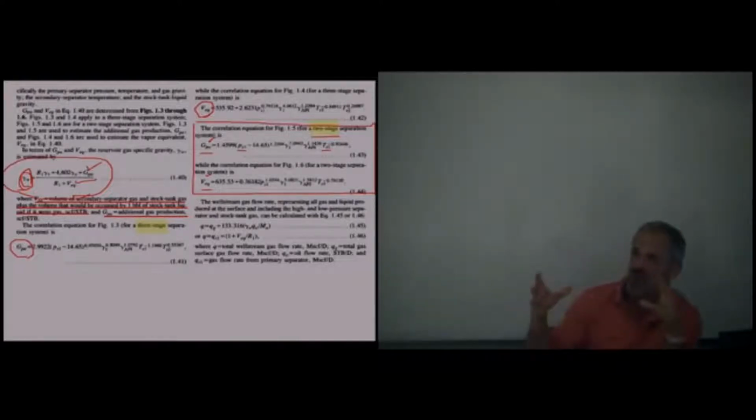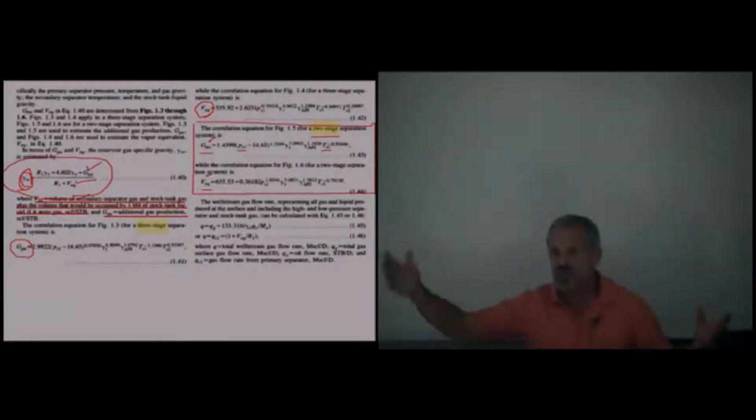And then the pressure, they have control of. If they increase the pressure, then they may get a different GOR or R, okay? In fact, usually there's an optimal curve, okay? If you run at too low a pressure or too high a pressure, maybe, because what are we after?